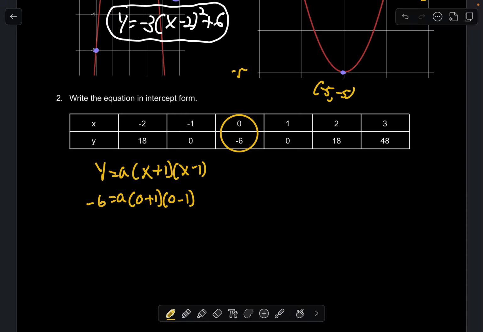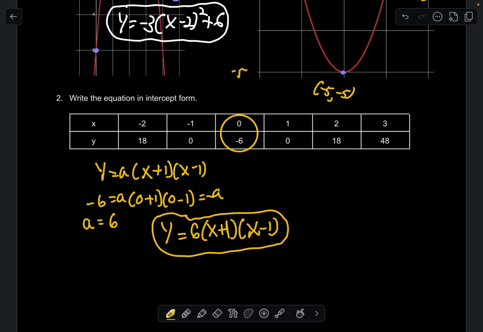So we have -a equals -6. Divide by negative, and you get a equals 6. So putting it all together, you get y equals 6, parentheses, x plus 1, times x minus 1. And there's the equation for that table in intercept form.